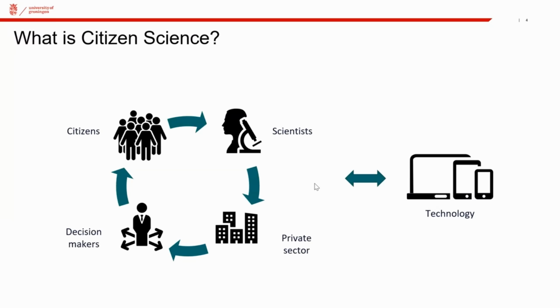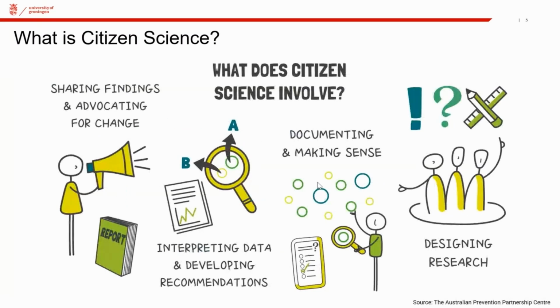So just to sum up, citizen science is all about participation of the general public in scientific research. It could be in any step of the research, from defining a research question to collecting information, to analyzing that and to acting on the findings. And I like this illustration because it captures a little bit in essence what citizen science is about.